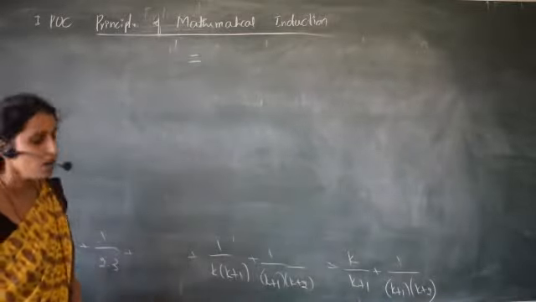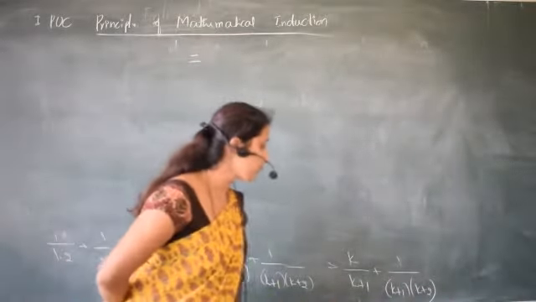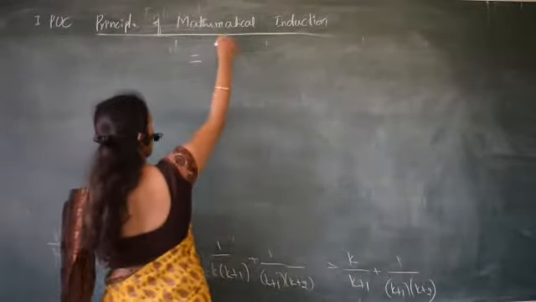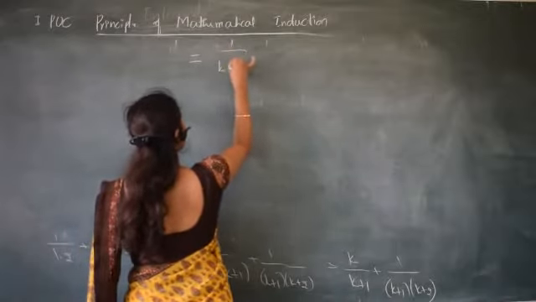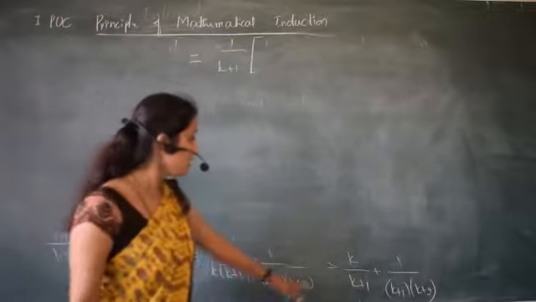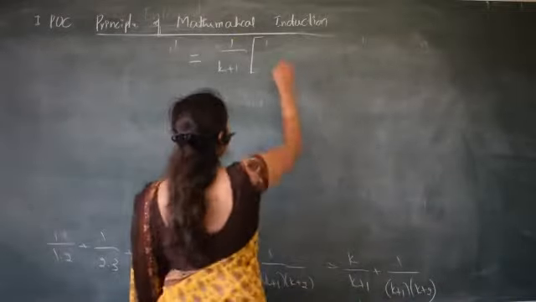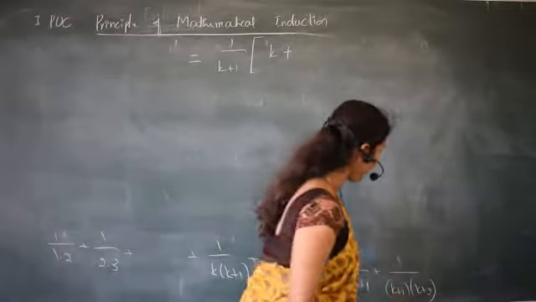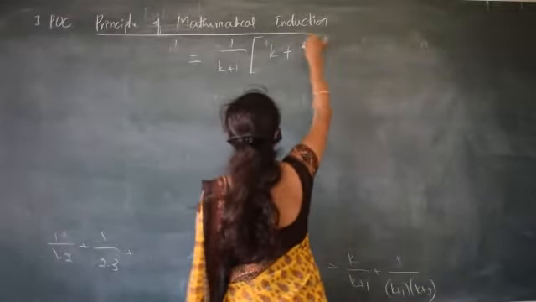We can see here 1 by k plus 1 is a common term in the denominator. We can take that 1 by k plus 1 outside. If I take 1 by k plus 1 outside, what is remaining in the first term? k will be remaining in the numerator, plus here it will be 1 by k plus 2.